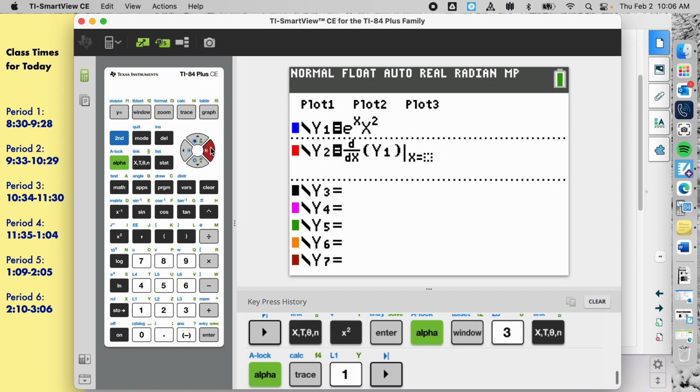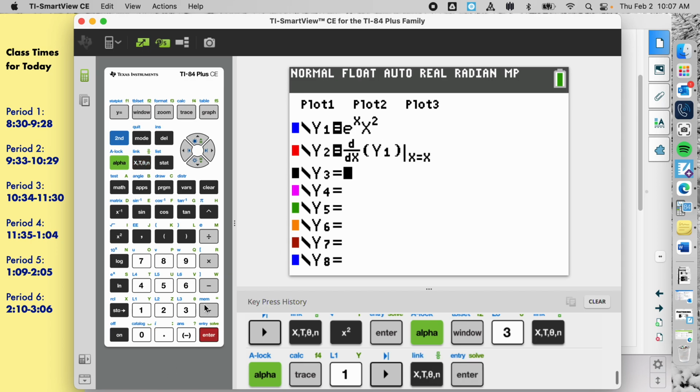And then instead of me typing a number there, I'm going to cheat and tell it to do it at every single x value. And if I hit graph, it'll graph the first derivative for me without me knowing the equation. And then if I want the second derivative, I just repeat this process, but tell it to find the derivative of equation 2.